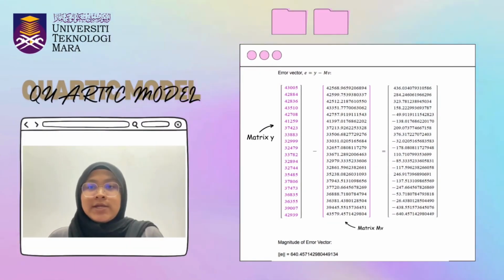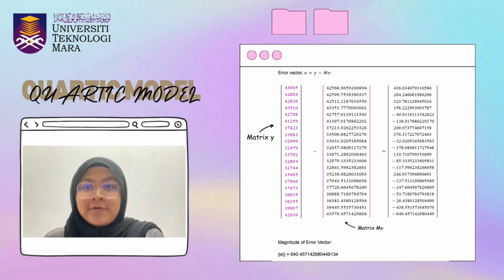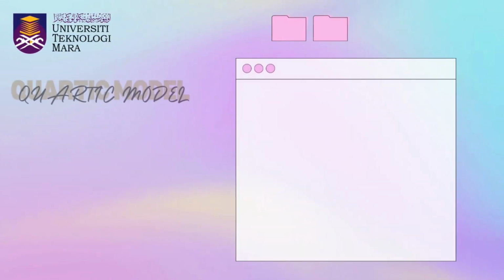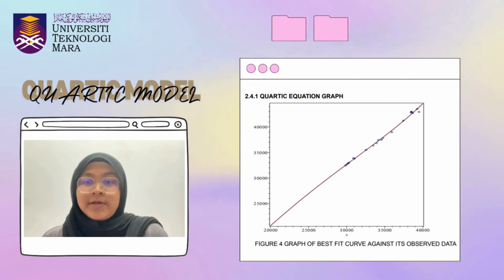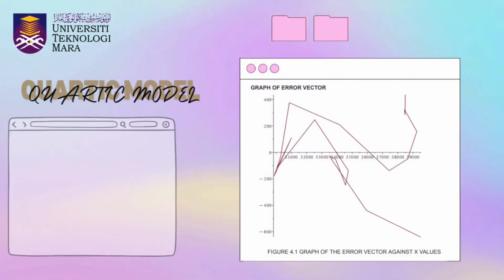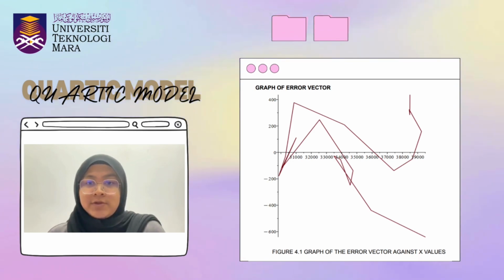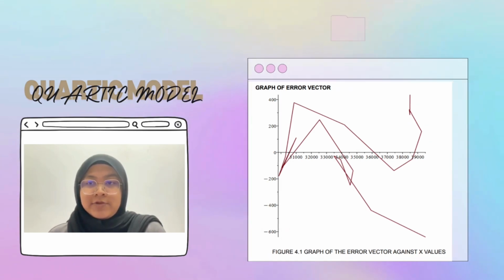Next, we calculate the error vector by using the formula E equals y minus Mv, and then we find the magnitude of the error vector by using Maple and get 640.4571. So this is our graph of the best fit curve against its observed data. And this is our graph of the residual error vector against x values.